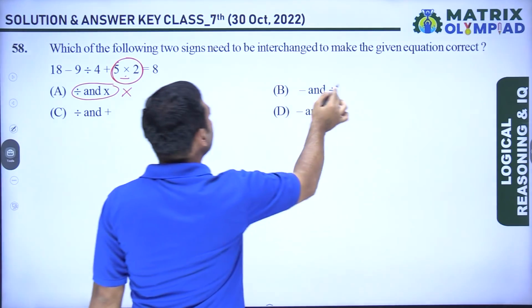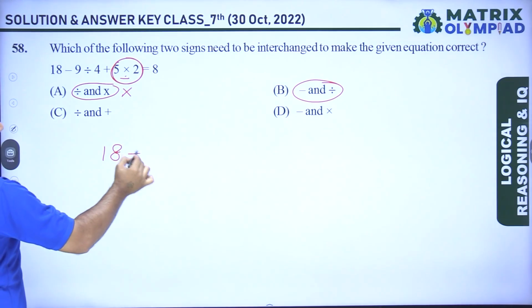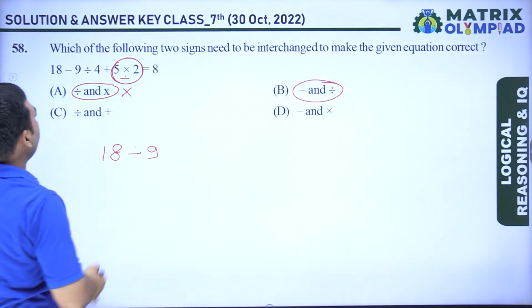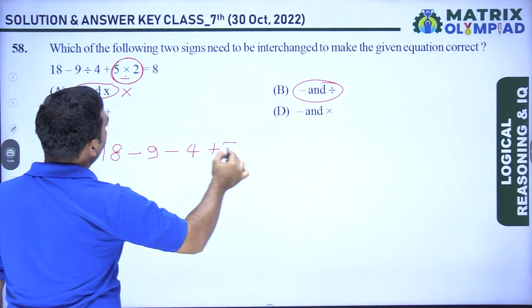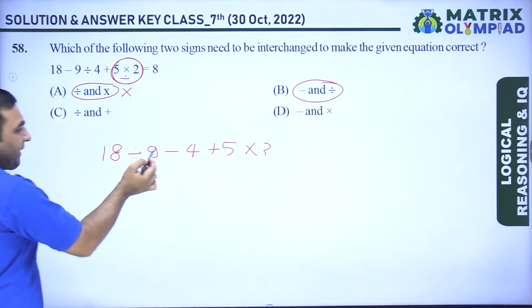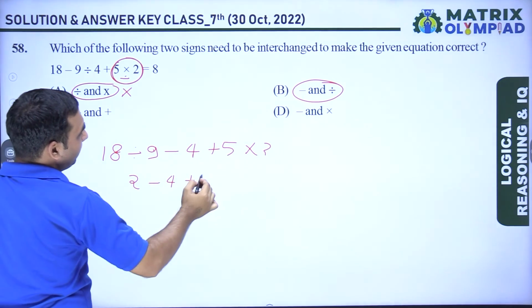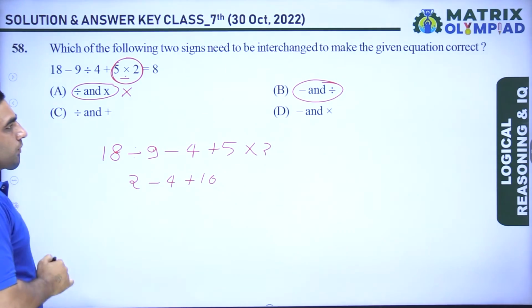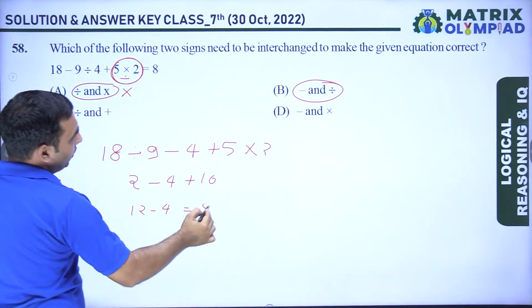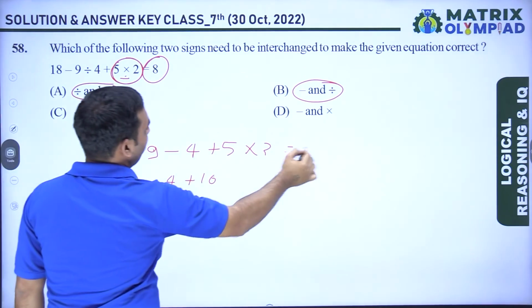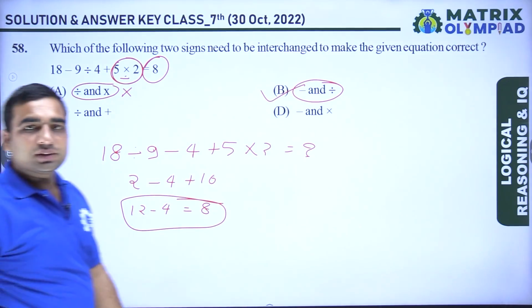If we take option B, minus and plus, as you see, 18 minus is changed to divide and plus is changed to minus. 18 divided by 9 is 2, minus 4 plus 5 into 2, which is 10. 2 plus 10 is 12, minus 4 is equal to 8. Our result is 8. The equation is balanced, so option B is the correct answer.